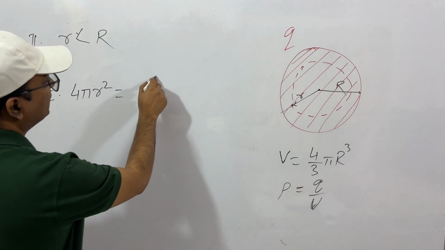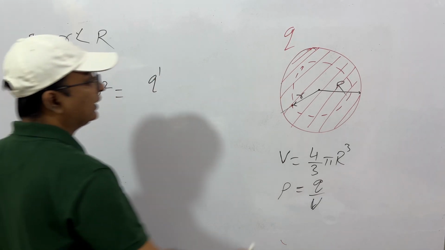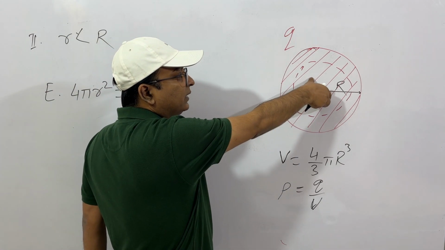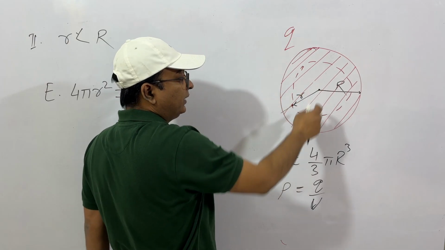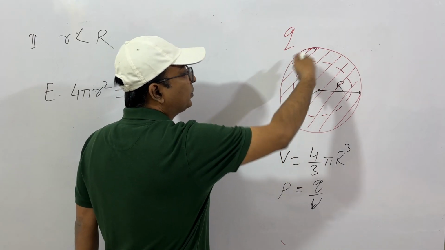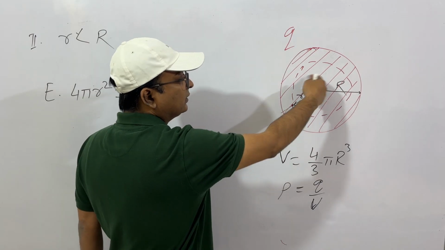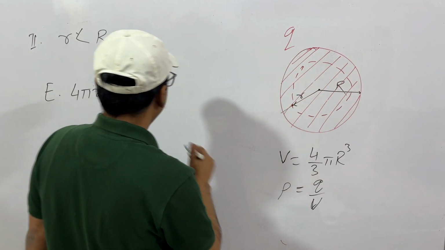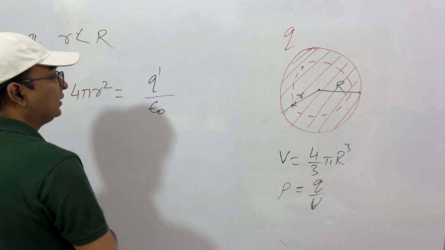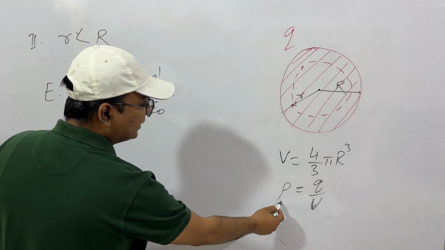And q, let's say the new q is q dash. That is q because of this sphere only. We have this q spread across this volume. But what is the charge contained inside this sphere of radius r? So that is q dash by epsilon 0. Now let's see. Our volume charge density is this.